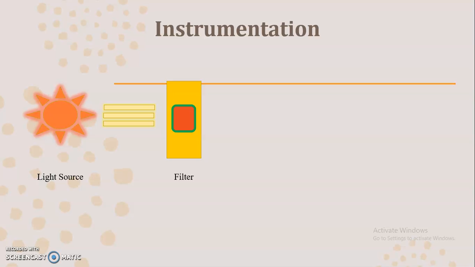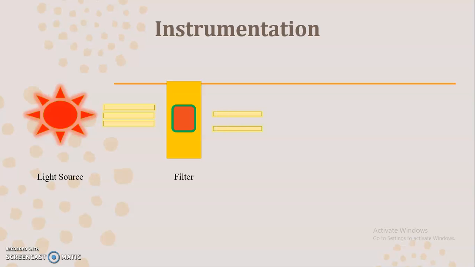Modern instruments use monochromators because monochromators have advantages over filters. The primary role of the filter or monochromator is to pass a selective wavelength of light, and the remaining wavelengths are not allowed to pass through. Only the selective wavelength of light will be passed.